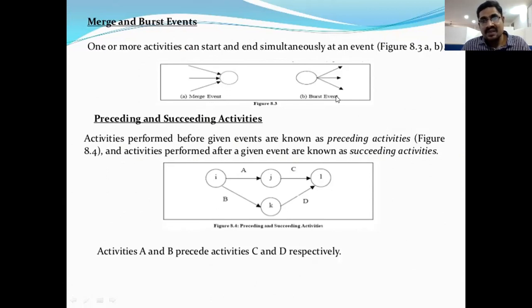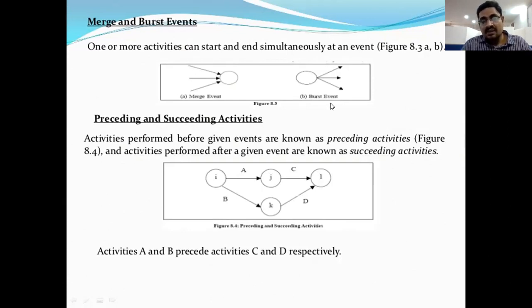Burst event means, suppose this node name is J, with A to B, A to C, A to D. So B, C, D are three activities having only one preceding activity, that is A. This type of diagram is called a burst event.